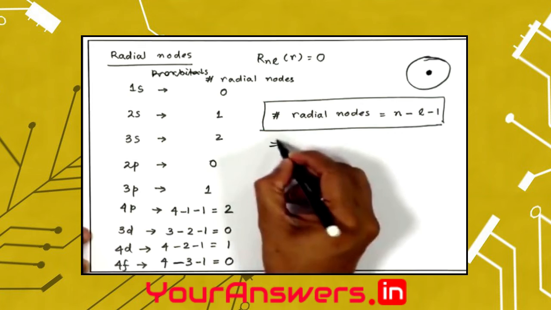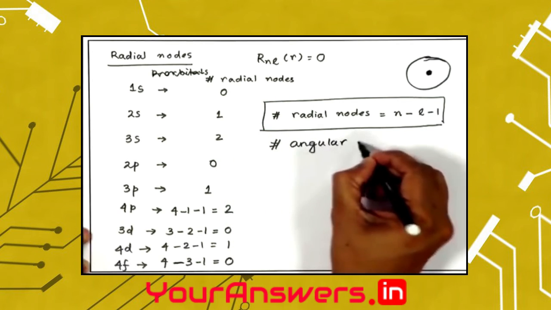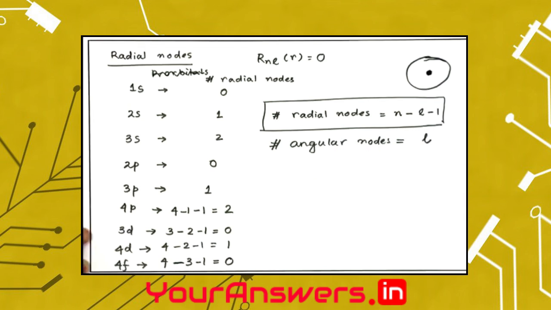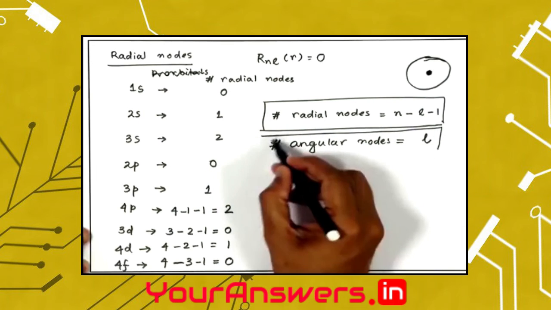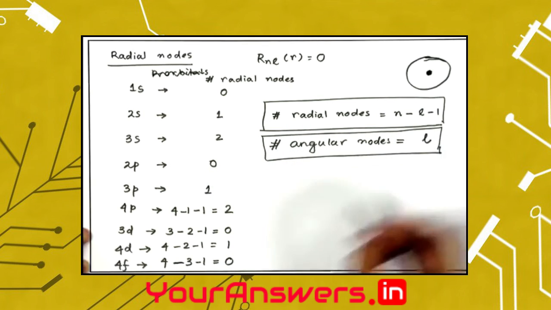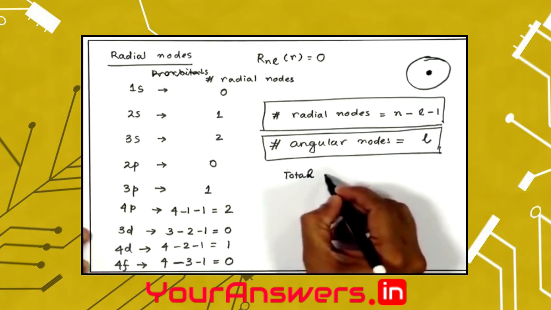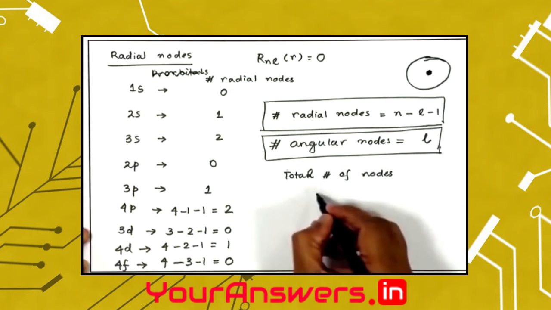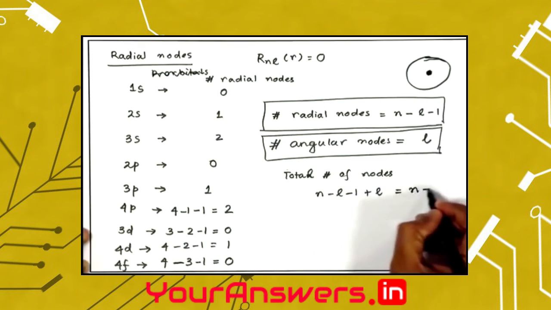If you remember, we found out that the number of angular nodes was equivalent to L. So, the number of radial nodes is n minus L minus 1 and the number of angular nodes is L. So, the total number of nodes is n minus L minus 1 plus L, which is n minus 1.